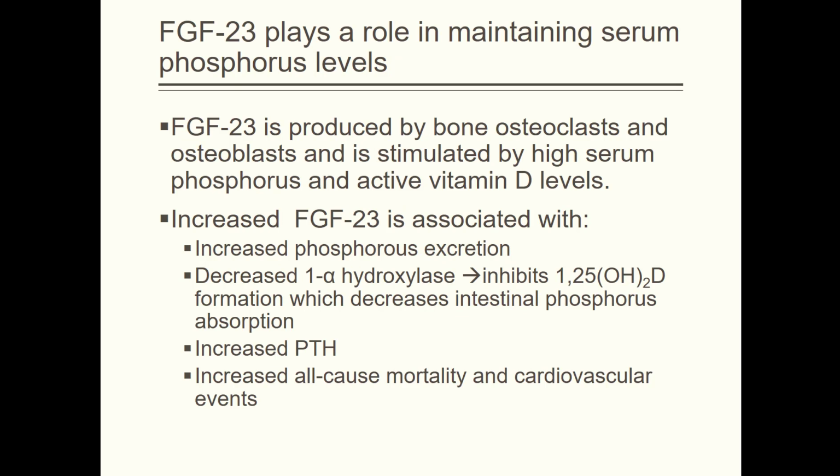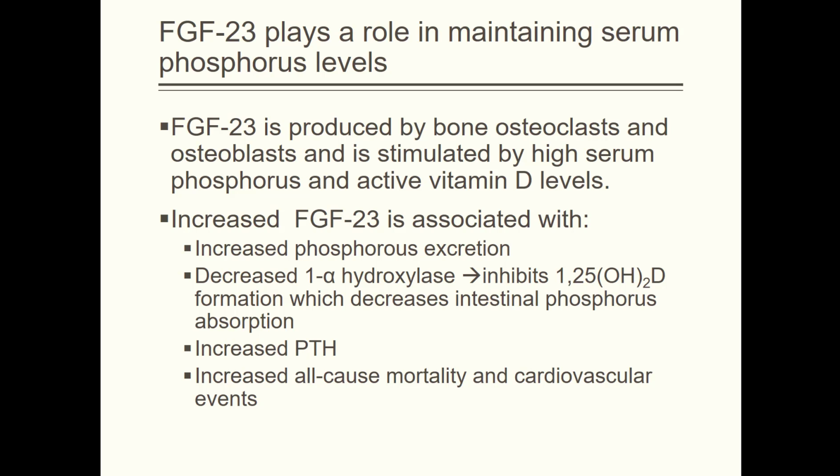FGF23 is thought to control serum phosphorus levels. FGF23 is produced by bone in response to high serum phosphorus levels. It inhibits the activation of vitamin D. Active vitamin D increases phosphorus absorption, and lower levels result in a reduction in intestinal absorption of phosphorus.